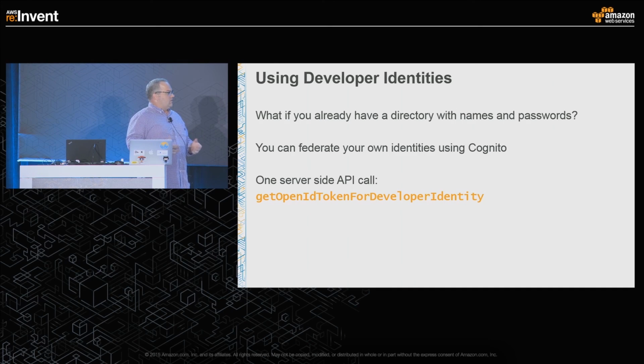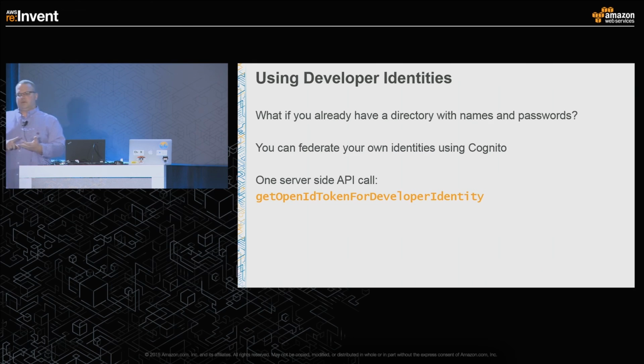And it's generously named Get Open ID Token for Developer Identity, because we like being explicit. And we don't care about keystrokes. I should also mention every Cognito call I've shown you so far, get ID, get open ID token, and even assume role with web identity, the STS call, all those are open calls.